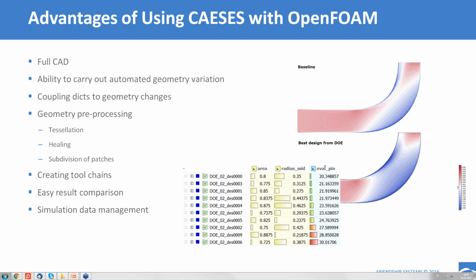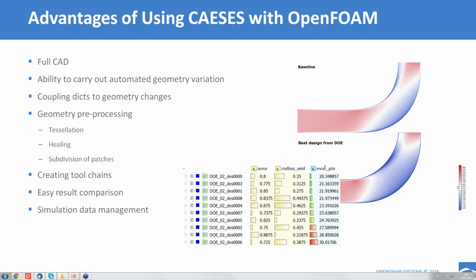We also have the ability of coupling our dictionary files to changes in the geometry. So Carsten showed a little bit of that in this bounding box he created for the block mesh dictionary, where he entered certain strings into the dictionary files that are updated every time the OpenFOAM computation is started, so that whenever some changes to the dictionaries are necessary due to the changing geometry, we can take care of that in an automated way.